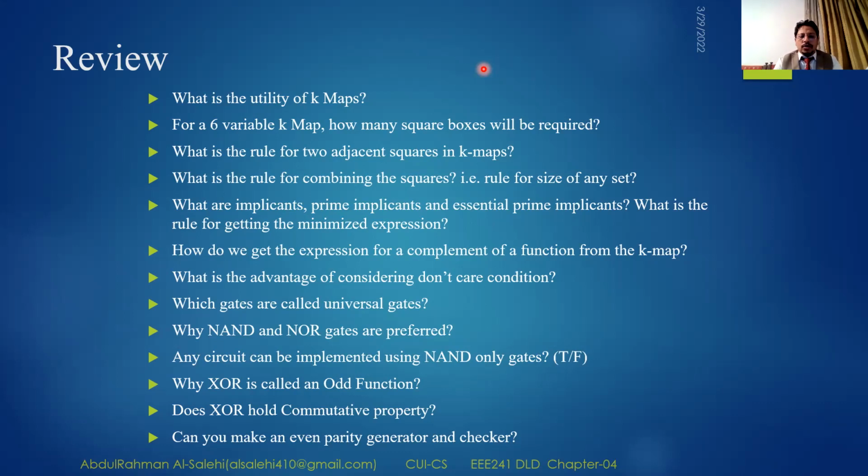Then why the XOR gate is called an odd function. Also we discussed this. We discussed also the commutative properties and the parity generators and checkers of errors in the bits when we transmit from the transmitter to the receiver.